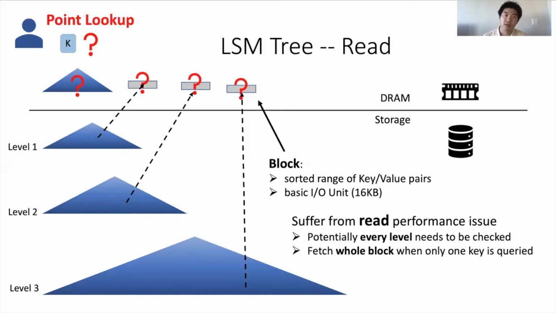So we can see the LSM-based key-value store suffers from a read performance issue. It potentially has to check every level to query one particular key. And it has to fetch the whole block when only one key is queried. This is point lookup.